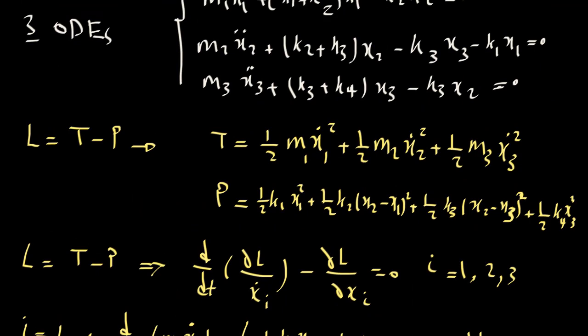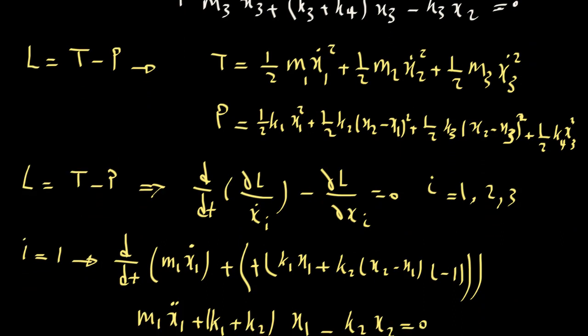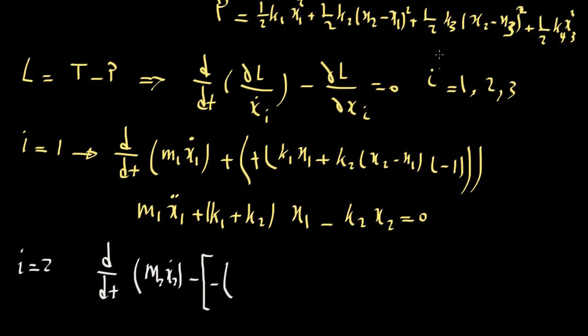And the derivative of the Lagrangian with respect to x2 would be, this term doesn't have any x2, this term doesn't have any x2, only these two terms have x2. So this would be 2 times 1/2 k2 (x2 minus x1). Here this would be 2 times 1/2 k3 (x2 minus x3). So 2 times 1/2, they would cancel out.